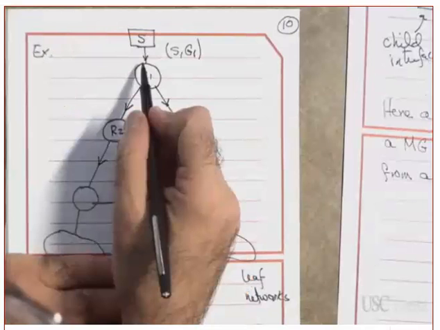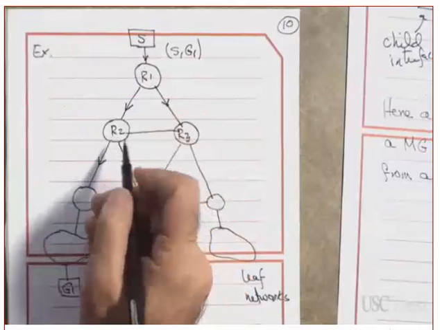No group members, no group members. And let's assume this is the tree that was used for the first few packets.